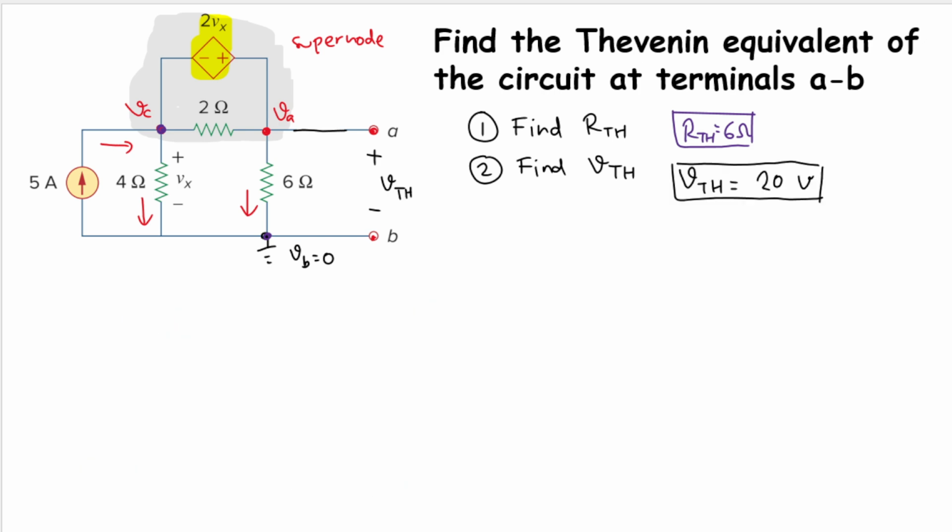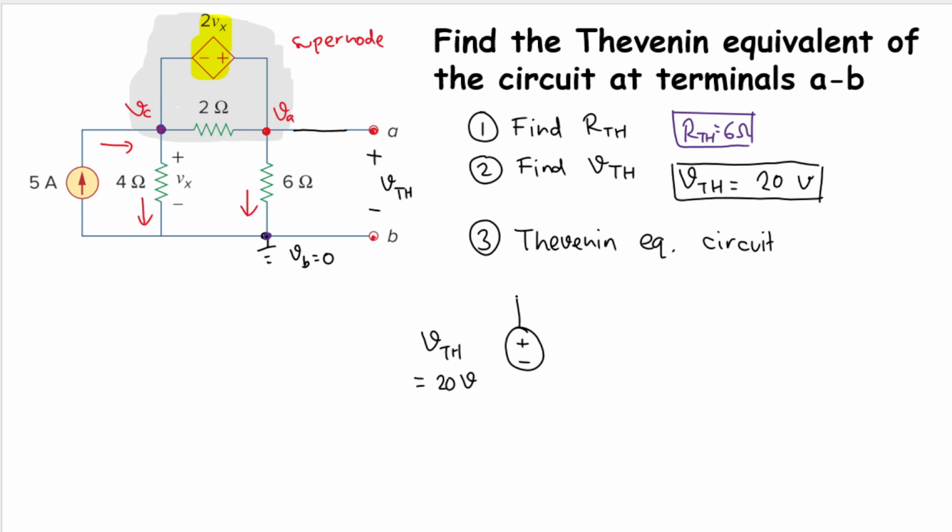So the last step is just drawing the Thevenin equivalent circuit. So what is our Thevenin equivalent circuit? We can just draw a voltage source here, which is VTH. So we will have VTH here equal to 20 volt. Good.